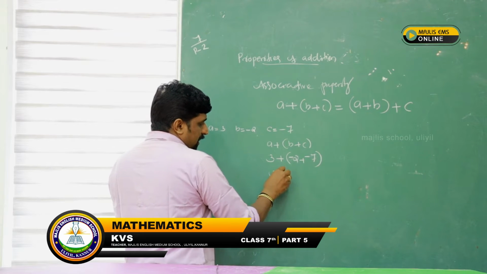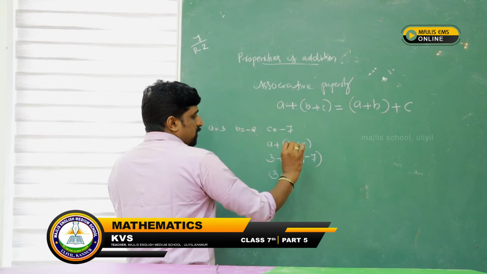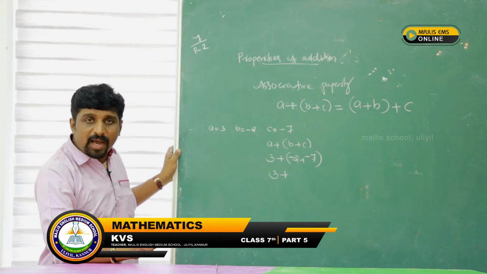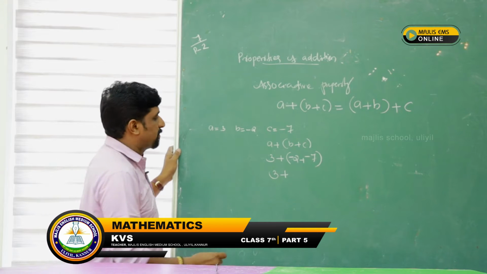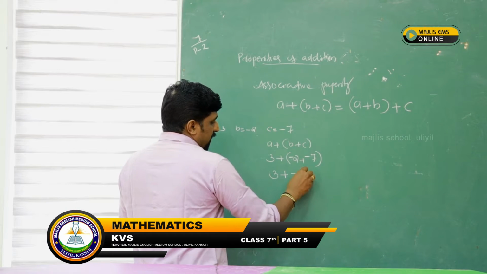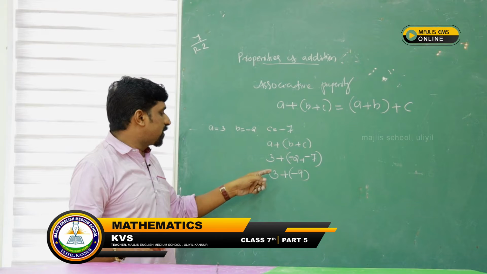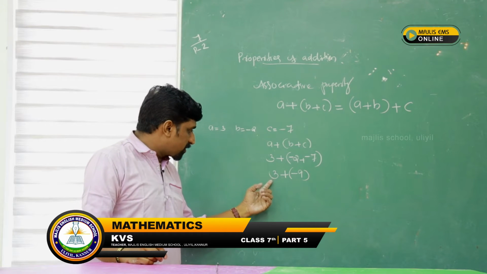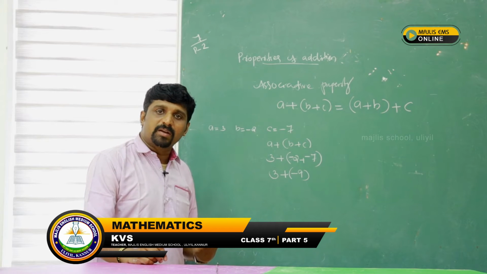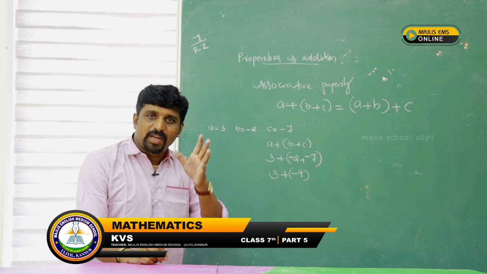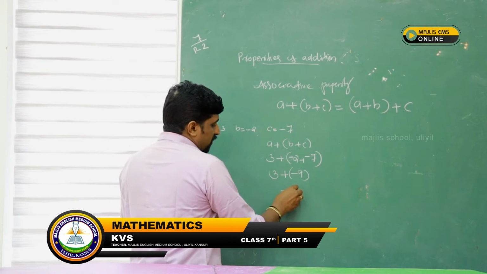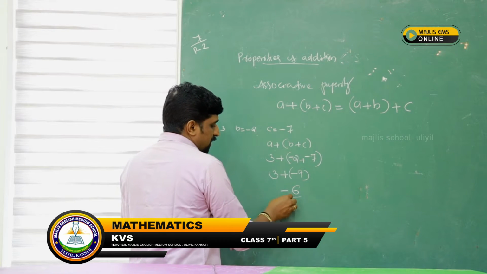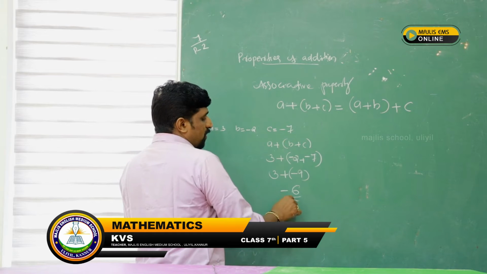Both are negative numbers, so we add the numbers and put the negative symbol. Therefore the bracket becomes minus 9. Then 3 plus minus 9, again a positive and a negative number. We subtract and put the greater symbol. 9 minus 3 is 6, and 9 is the greater one, therefore the answer is minus 6.